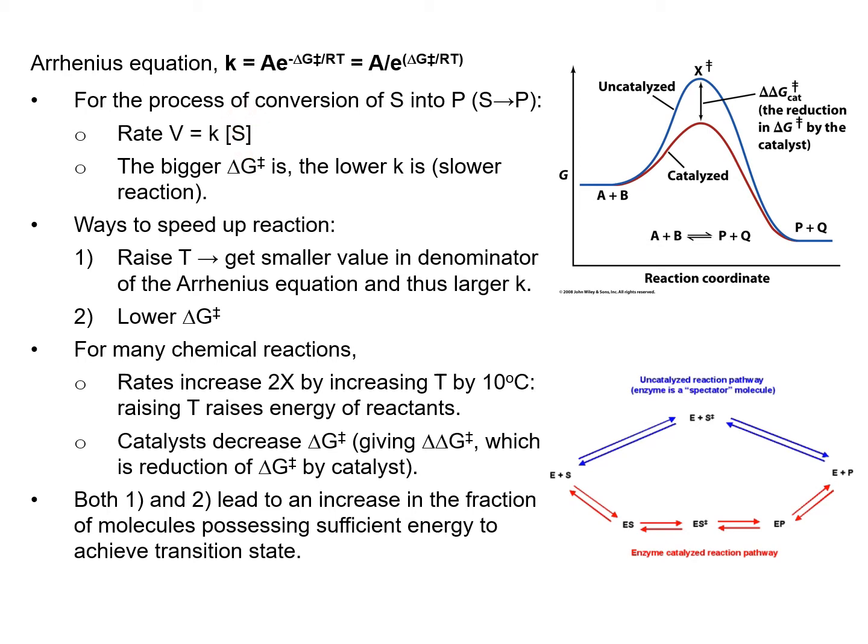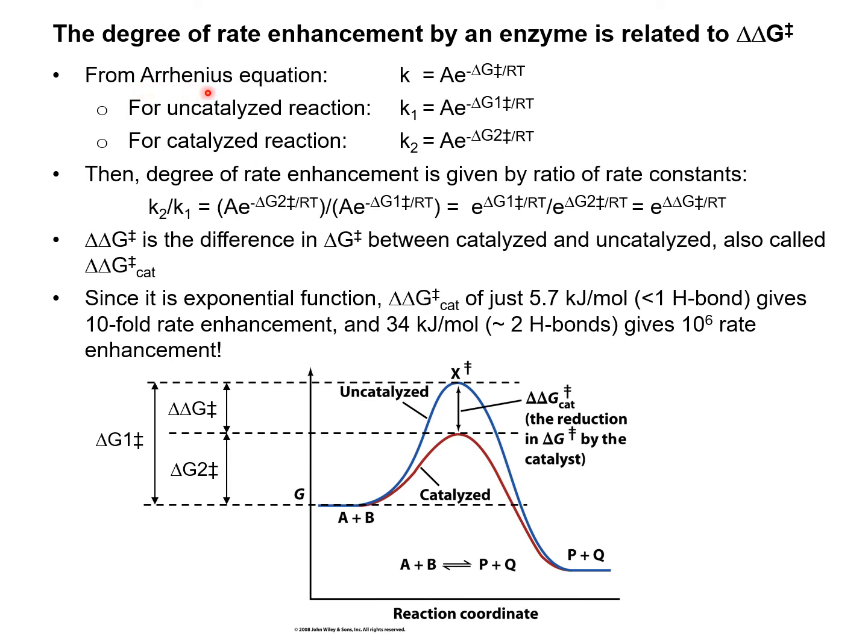And we also talked about the delta G double dagger, which is a critical factor to explain the catalytic reaction. By using Arrhenius equations for uncatalyzed and catalyzed reactions and getting the ratio of that, we could get the enhancement upon the catalysis for that reaction.